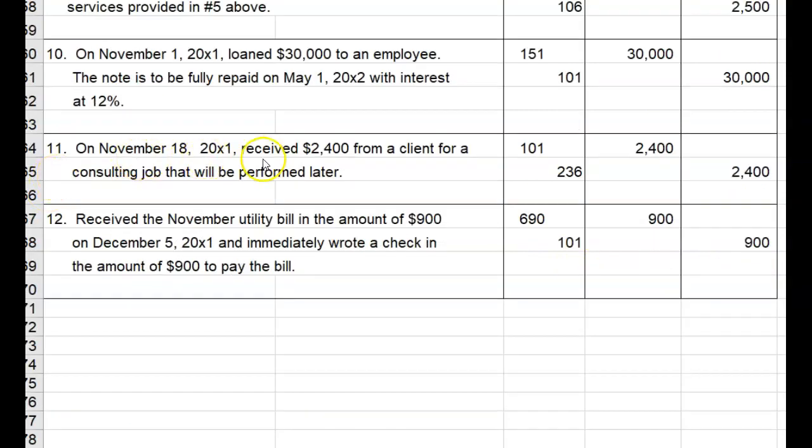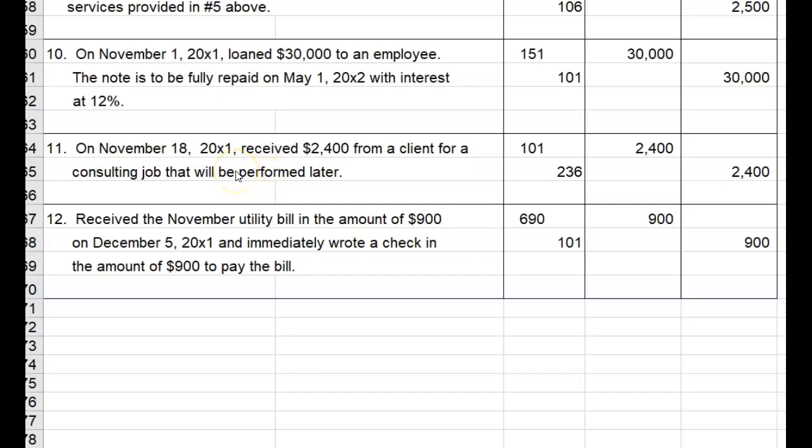On November 18th, we received $2,400 from a client for a consulting job that will be performed later. Revenue recognition principle, in its most simplest form, says you record the revenue when it has been earned.